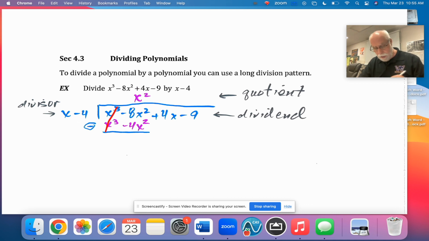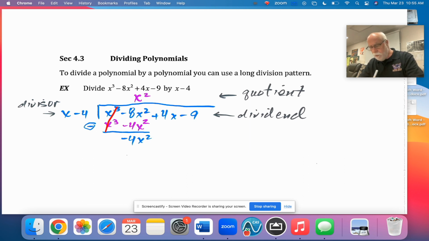Now on the other one, it says negative 8x squared minus a negative. Minus a negative is a positive, so that gives us negative 8x squared plus 4x squared. And if we add those, we would get negative 4x squared.